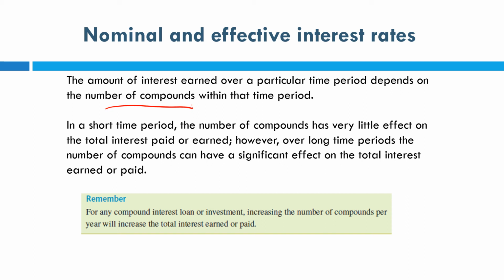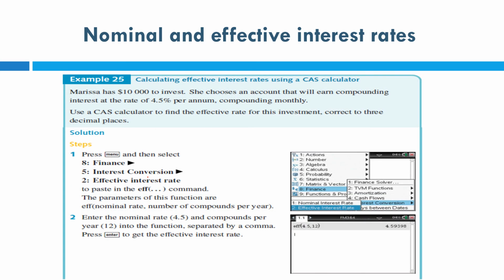In a short period, the number of compounds has very little effect on the total interest paid or earned. However, over longer periods of time, the number of compounds has a significant effect on total interest earned or paid. That works for superannuation because I'm investing my money into a superannuation fund for a very, very long time.